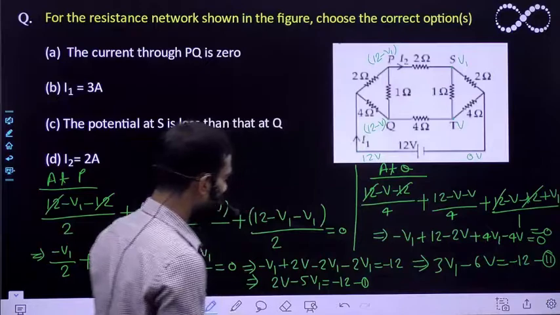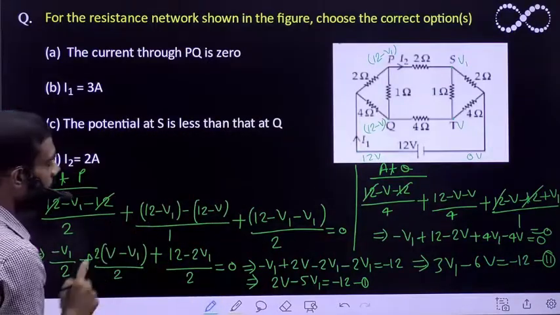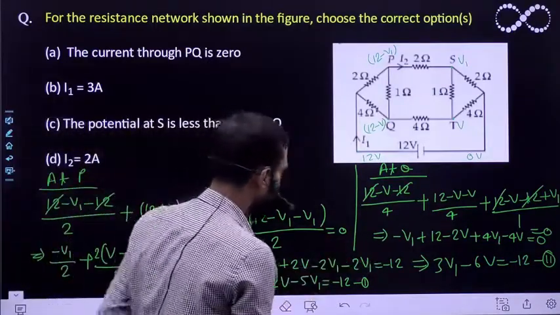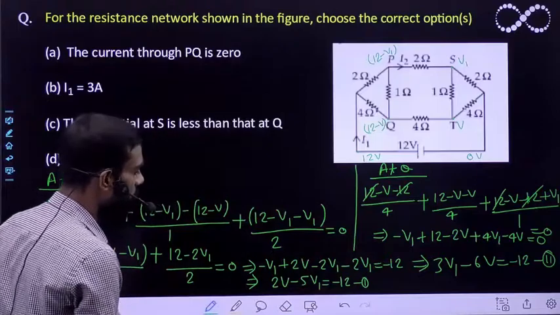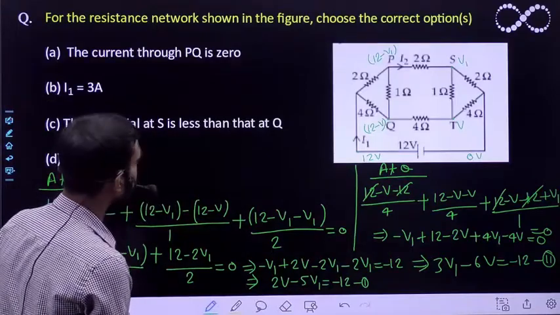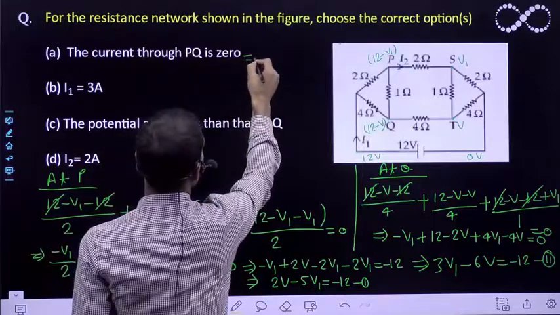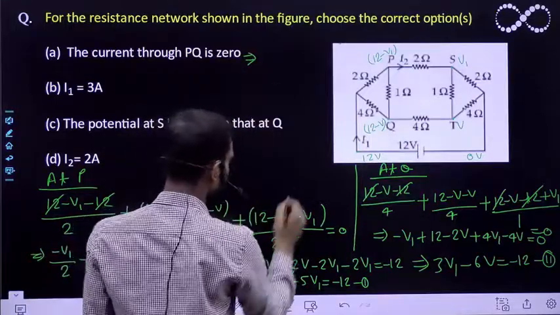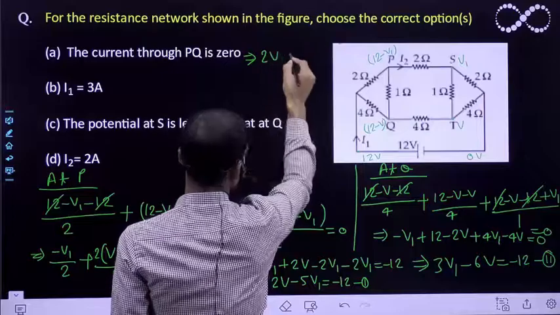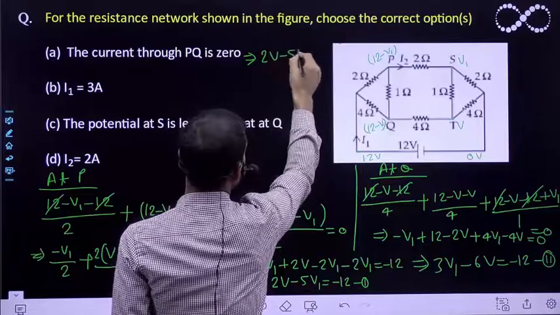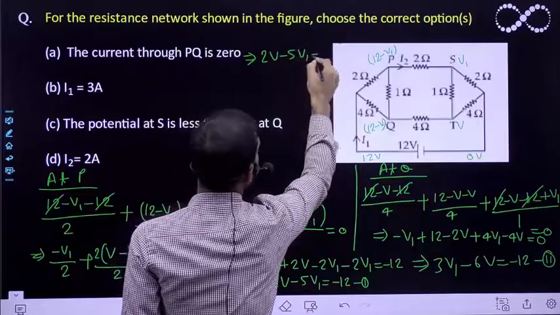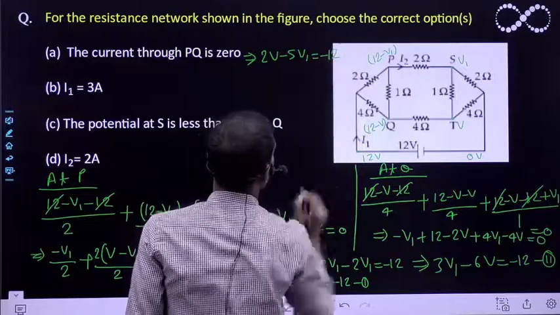So now, two unknowns are there, V and V1, and two equations I got, I will solve these equations and I will get the answer, right? So let us see what the equations are. The equations are 2V minus 5V1 is equal to minus 12.